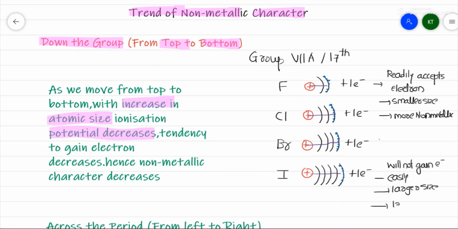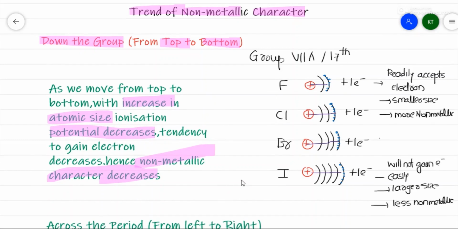So it will be less non-metallic because of larger size. So from top to bottom, non-metallic character decreases. So this is about the trend of non-metallic character down the group.